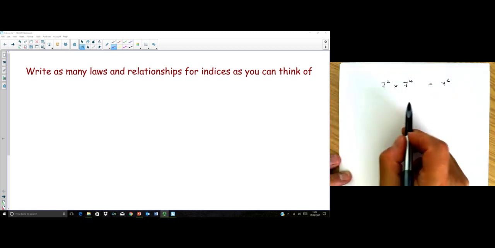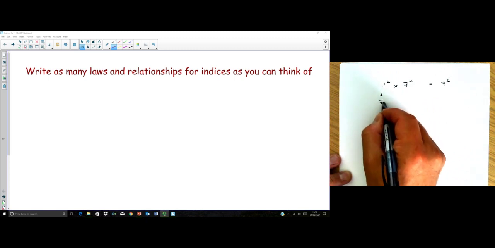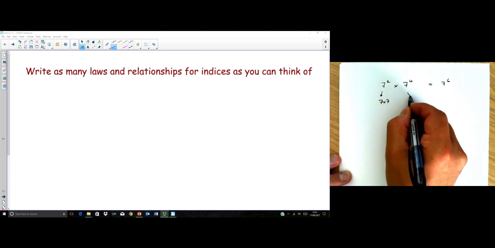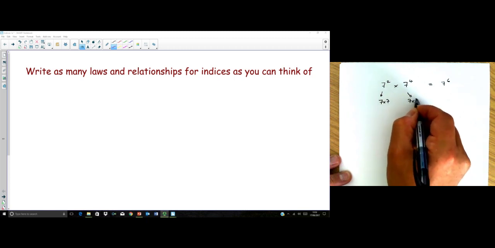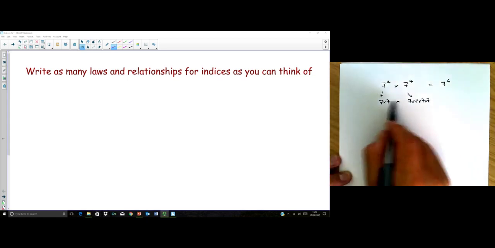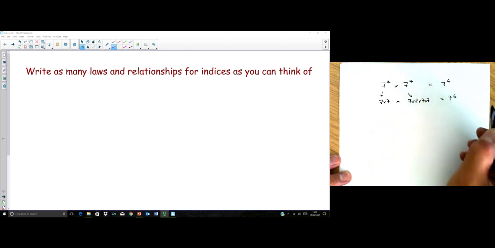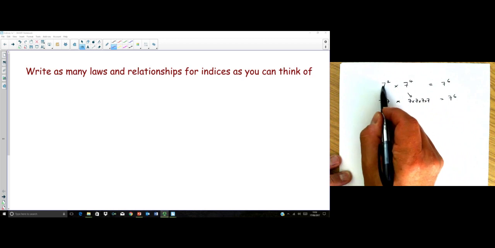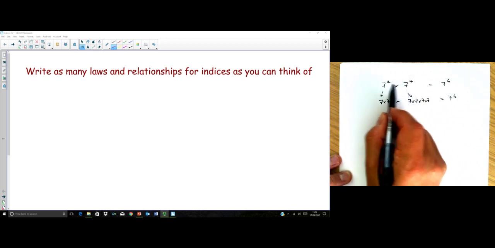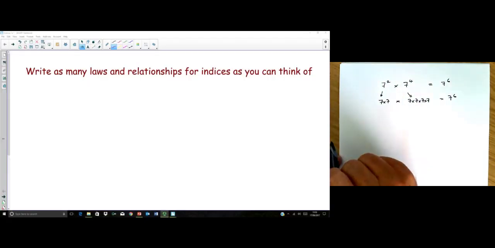The reason behind this is that this one is 7 times 7, this is 7 times 7 times 7 times 7. If we times them together, you can see we have 1, 2, 3, 4, 5, 6. So that's our first law of indices. If you have the same number and you're timesing them together, then you add indices together to get the final answer.